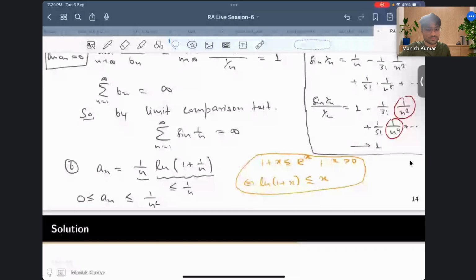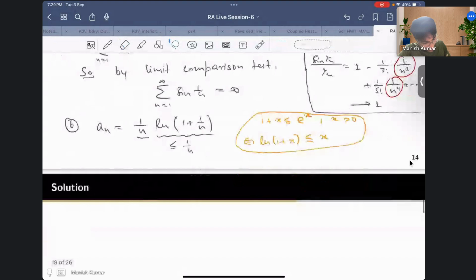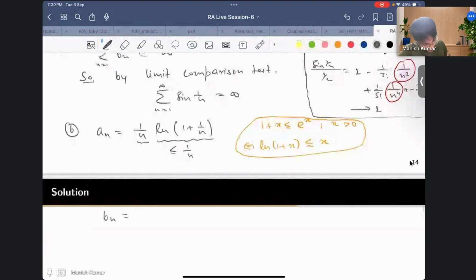But let's try with this limit comparison test. From here only you can get the idea that my b_n would be 1/n squared, because I have an upper bound by that. So take b_n equal to 1/n squared. Now you calculate the limit.